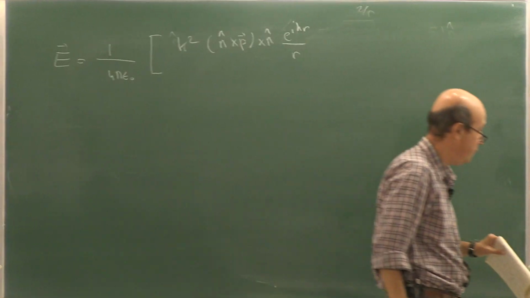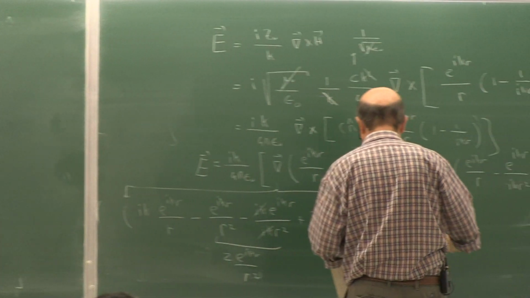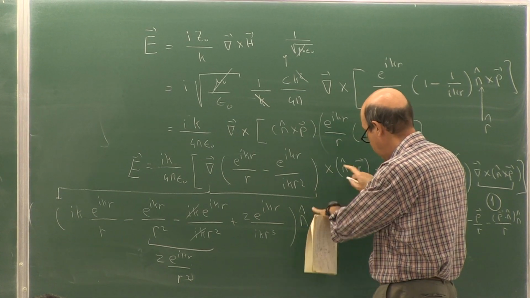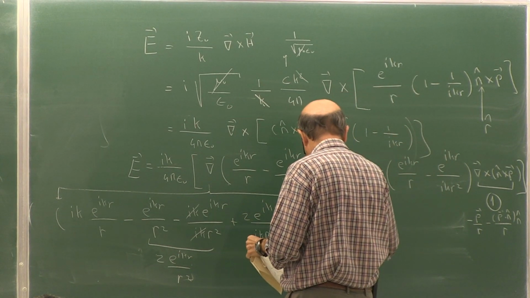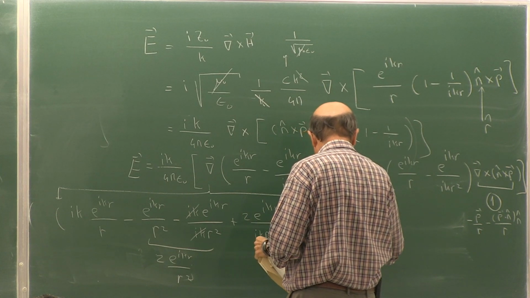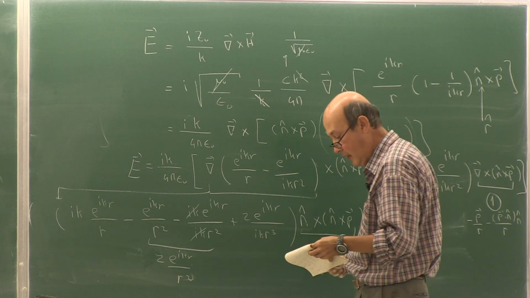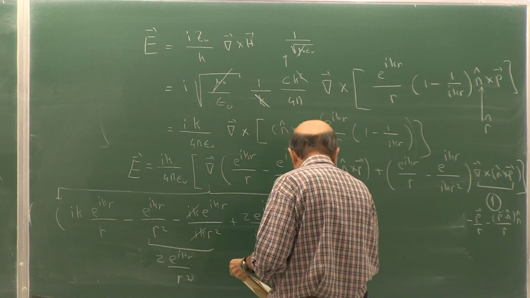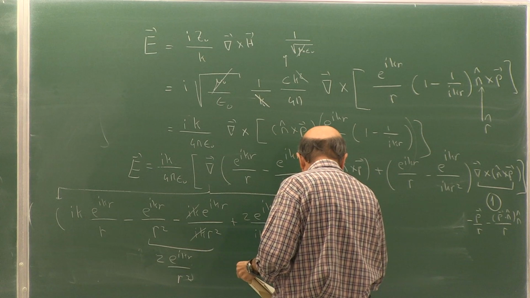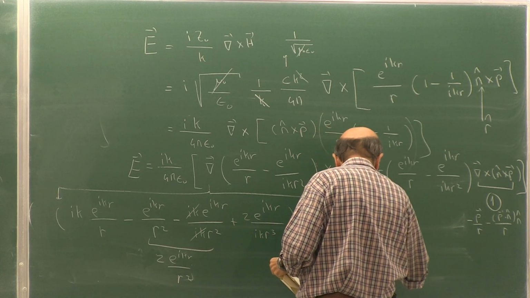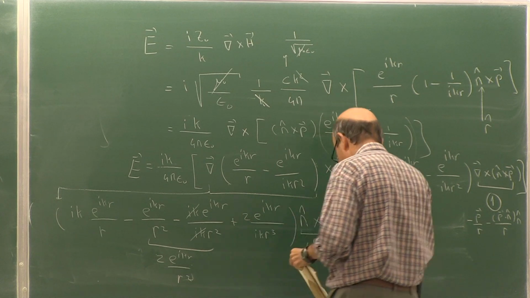And the rest is the exercise for you, but what you are going to need, let me bring this down. We have n here, n cross p. If you write this openly, what is this? This is n dot p along n minus n dot n along p.